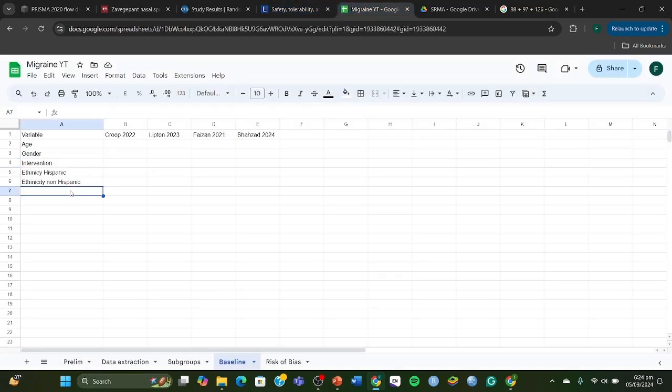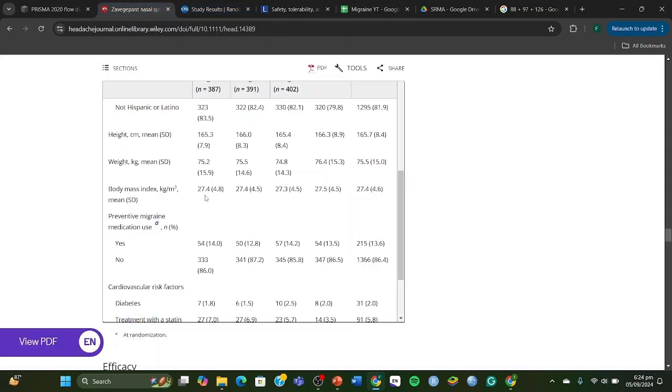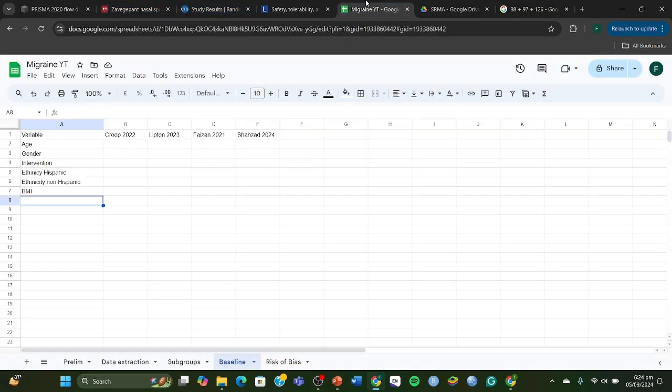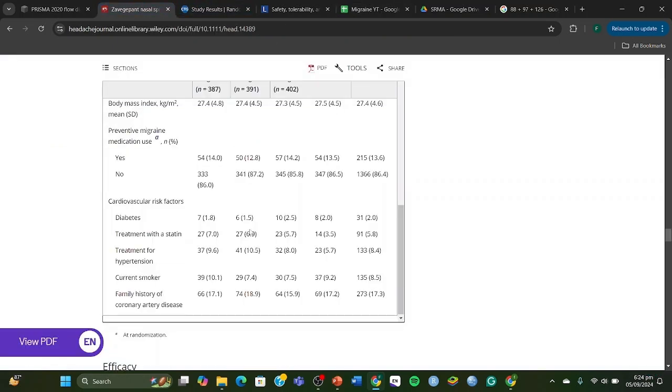Since we're adding BMI, we're not gonna add the weight and the height. BMI would cover the weight and the height both. Lastly, preventive medication use and the risk factors. And lastly, risk factors for cardiovascular disease. I'm not gonna fill this last one because it's gonna be too much of a hassle.